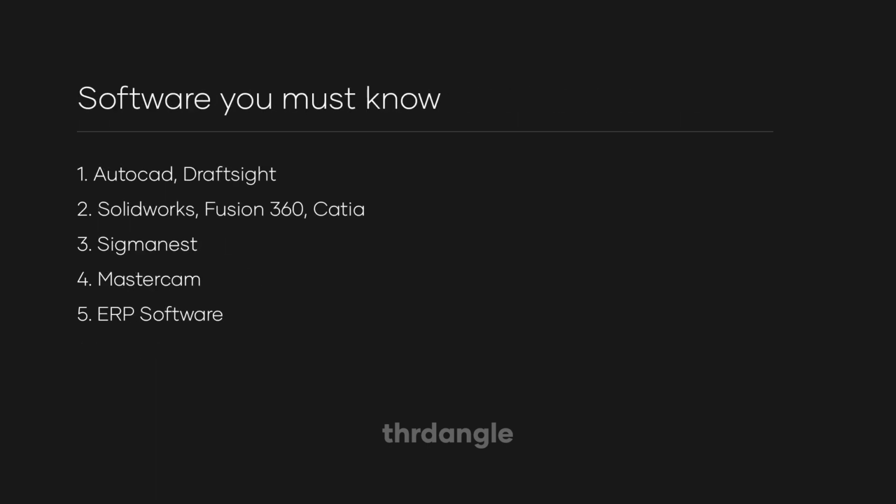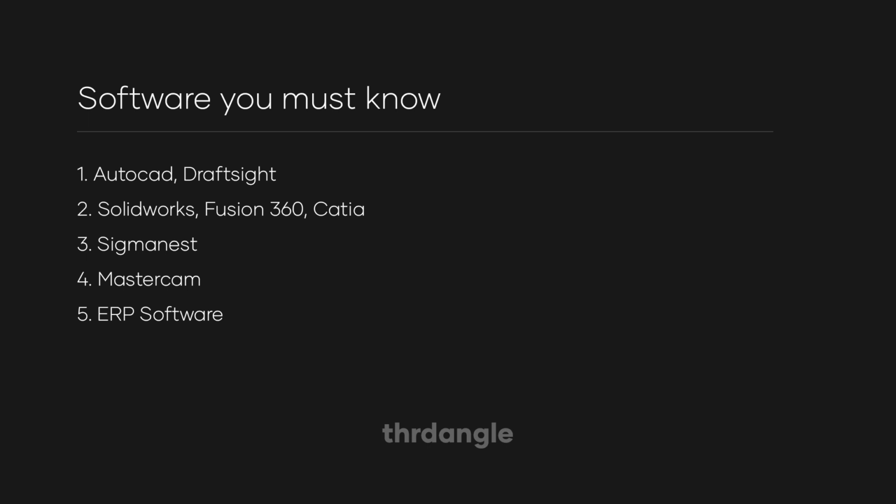Alright, so for all these procedures, which softwares do we need to know? The first is AutoCAD or DraftSight for our 2D purposes, for our two-dimensional drafting or designing.